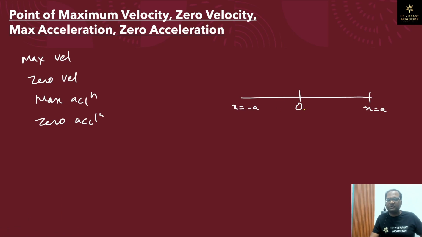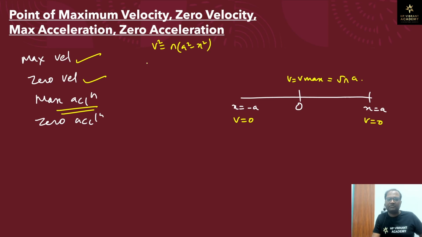At the center we have v is equal to v max, and at the extremities we have 0 velocity, because we have the relation v square is equal to mu (a square minus x square). So at x is equal to a and x is equal to minus a, velocity is 0. And at x is equal to 0, we have the velocity as root under mu into a. This is v max.